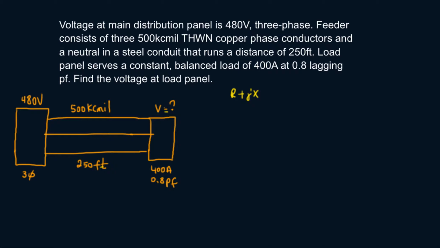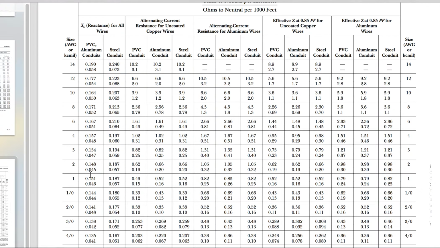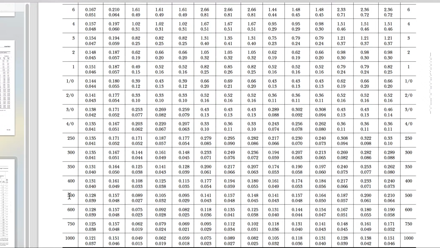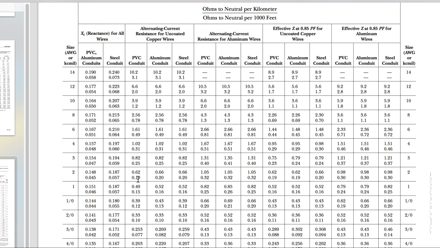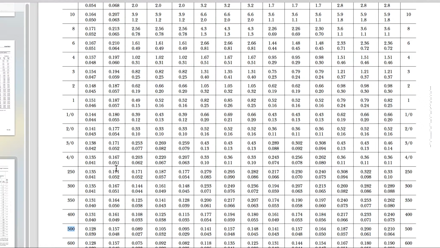So let's go to Table 9. We have 500 kcmil, it's right here. So steel conduit, if you read the problem, our reactance for all wire steel conduit will be equal to 0.048. So let's write that down.